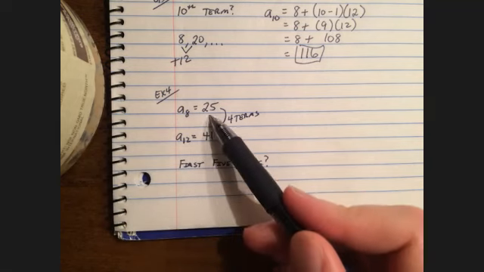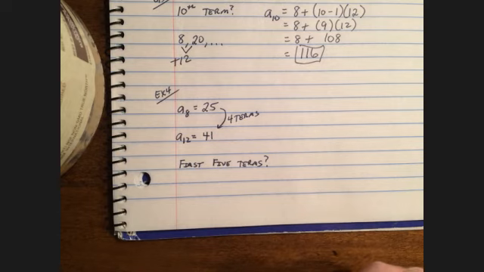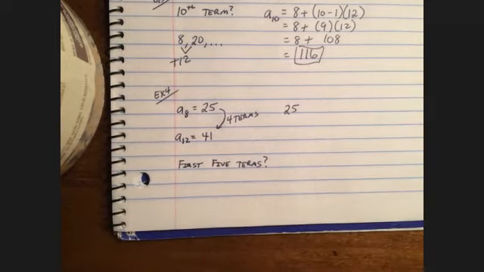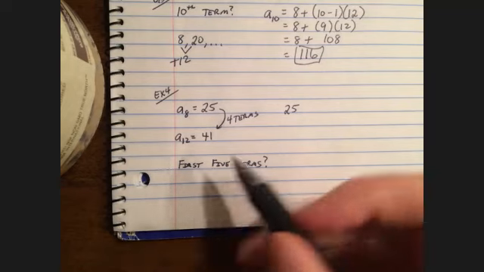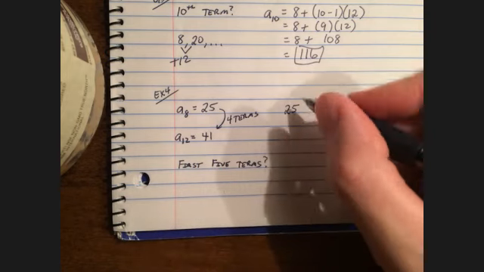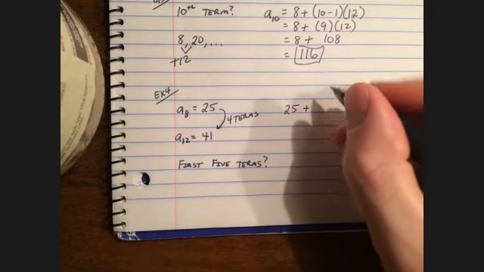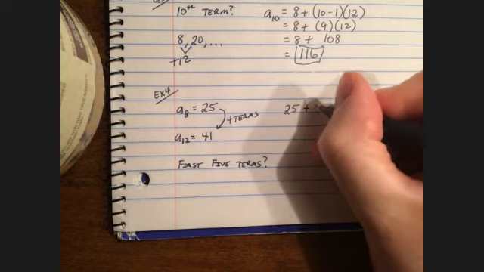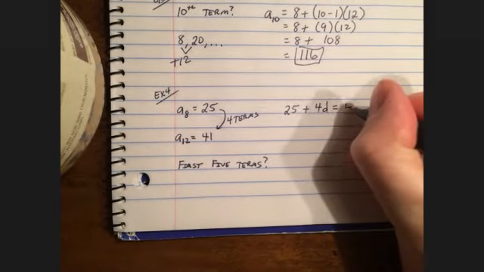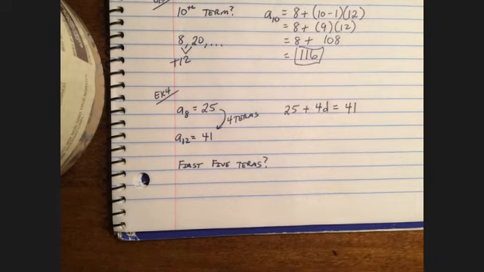So if we knew what the common difference was, that would be very helpful. Think about it: if we had 25 as our 8th term, and we're trying to get all the way up to the 12th term, we're going to add the common difference 4 times. Whatever the common difference is, which we don't know, you multiply it by 4 and add it to 25, and you should get our 12th term, which is 41.